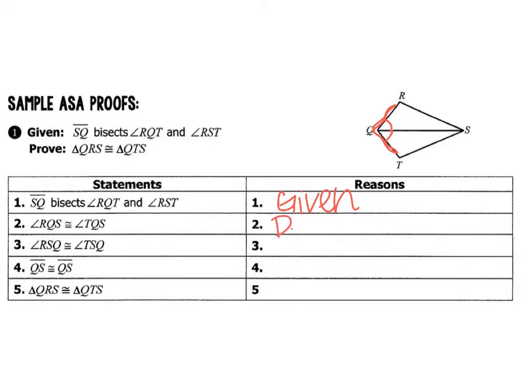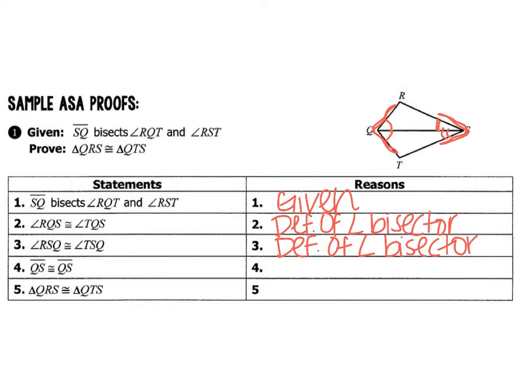So the reason that those two angles are congruent would be definition of angle bisector. And then we also know that QS bisects this angle right here, so therefore we can say that RSQ is congruent to TSQ. That's also by definition of an angle bisector.